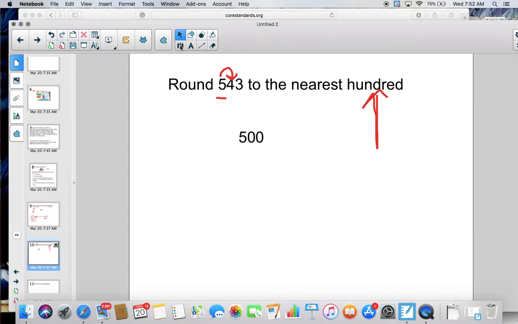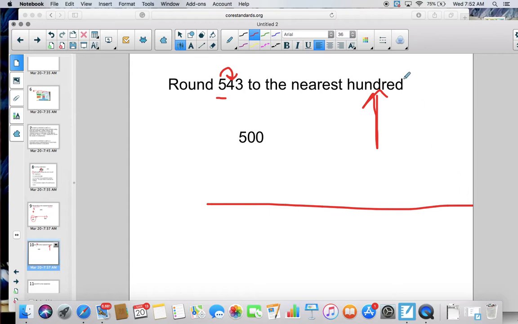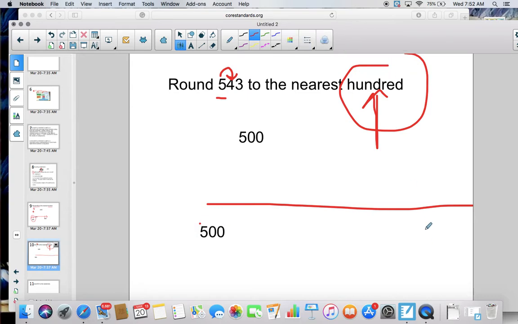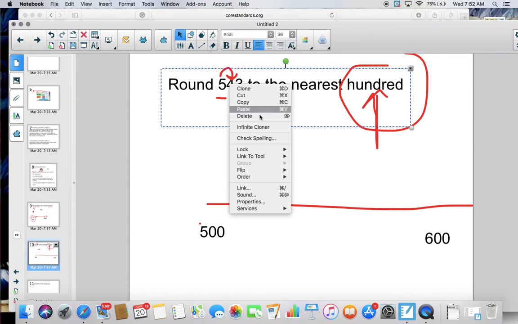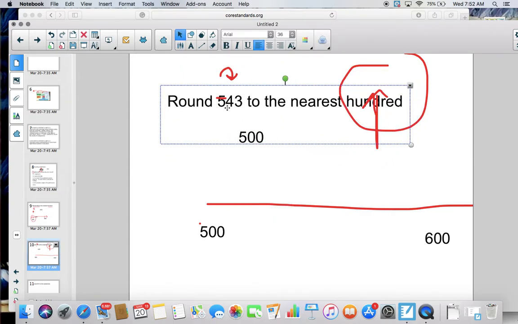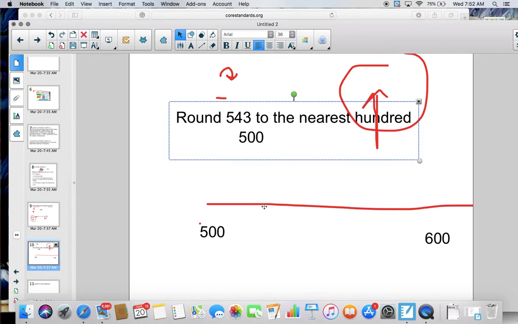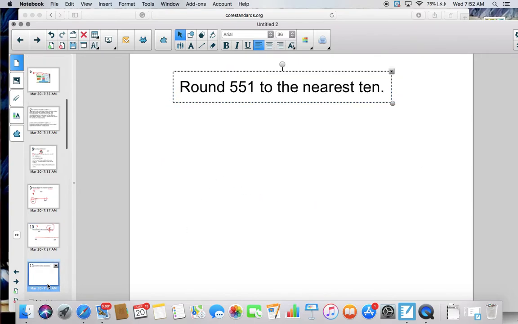And again, if you would have drawn a number line, since it says hundreds, over here on the number line you would have placed 500. Down on the other end of the number line you would have placed 600. Then you would have thought, where does the 543 go? 543 would go over here, so it's closer to 500. Try the next one.